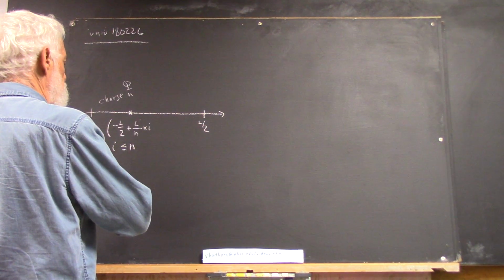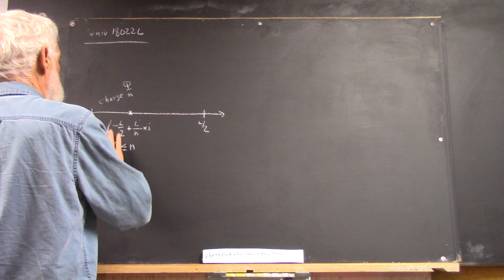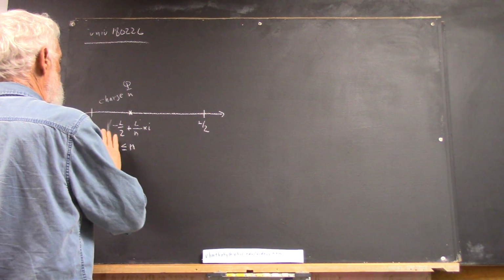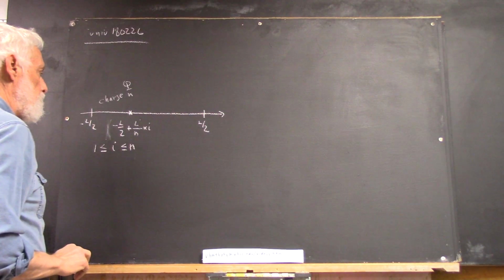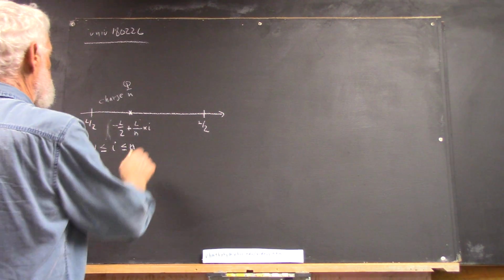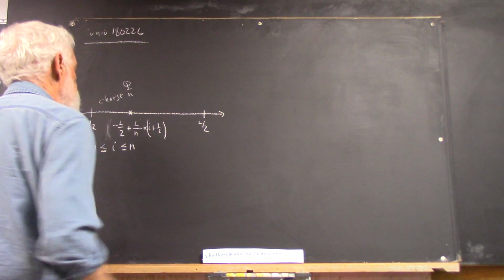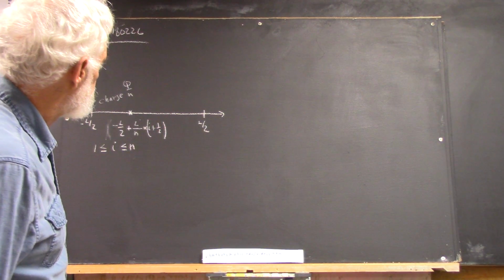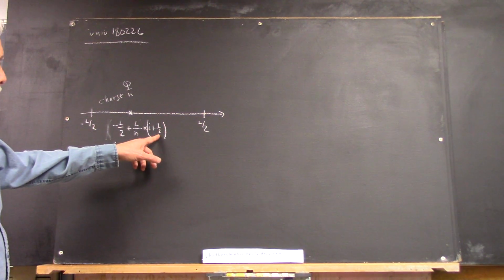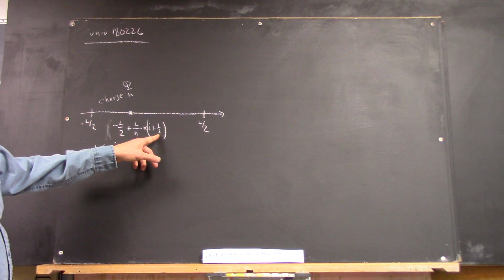No? You have negative L over 2 plus i plus 1/2 times L over n. Yeah, you're right. Okay? And that really doesn't make any big difference, but I'll explain the reason for that in a minute.